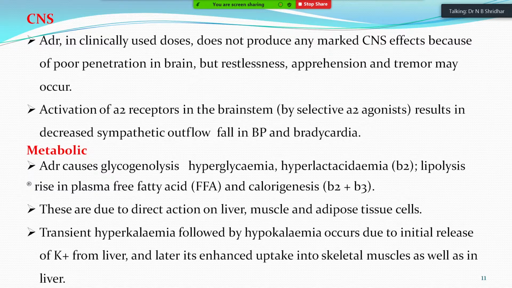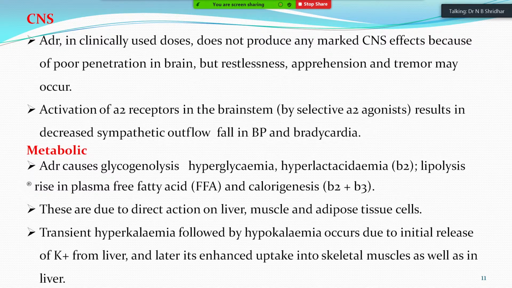And in the central nervous system, please remember that when adrenaline is clinically used, if you administer adrenaline available in ampoules, it is a life-saving drug and does not produce any marked CNS effects because it does not penetrate the blood-brain barrier, but restlessness, apprehension, and tremor may occur because of partial crossing of adrenaline through the blood-brain barrier.